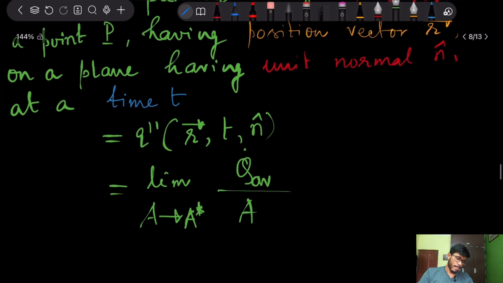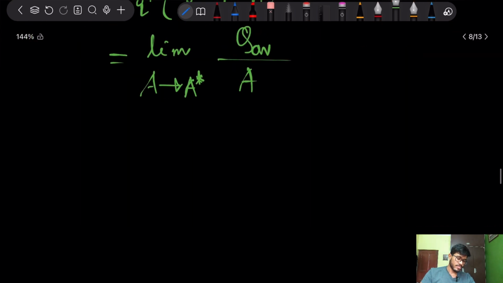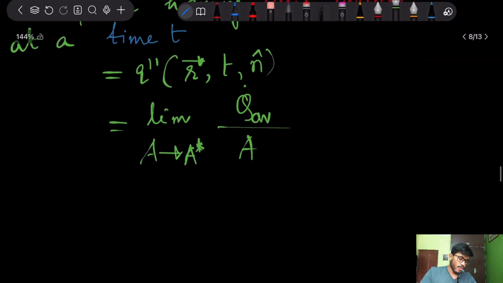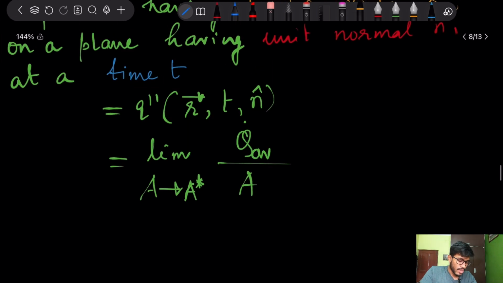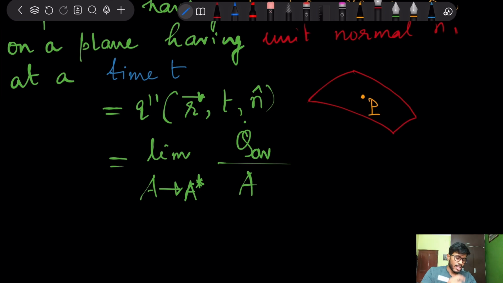And why it is a function of n, let me give you a basic visualization. If I have a point P here and I have two surfaces, one like this, another like this.